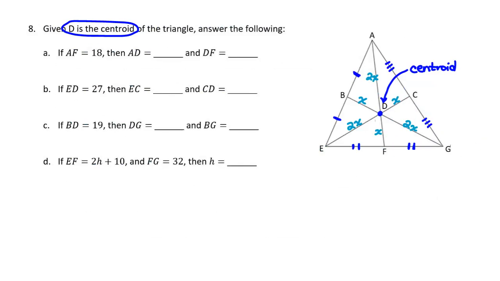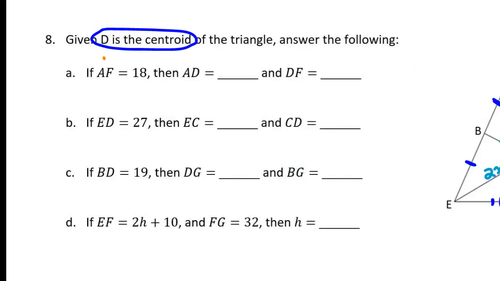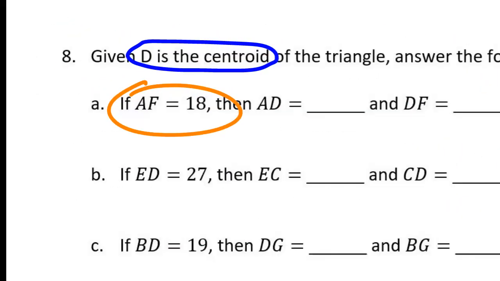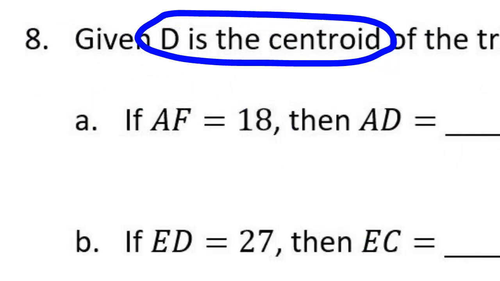All right, let's look at this. It says from A to F is 18, from here all the way to the bottom. So is that X, 2X, or 3X? 3X. So I have 3X equals 18, which means X is how big?